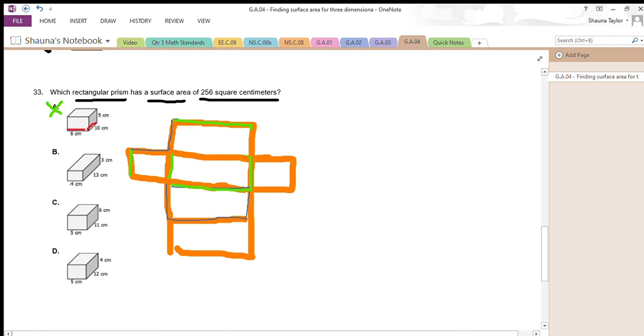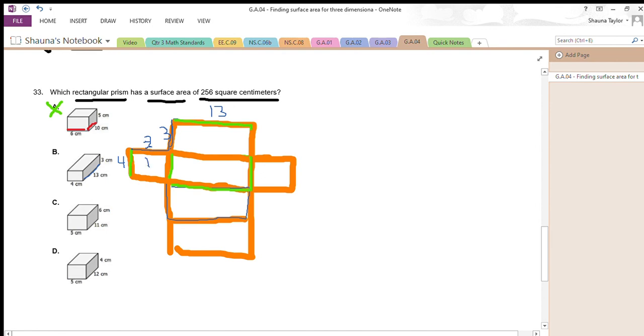Okay, let's see. It has a 4, a 13, and a 3. So the length is 13. So I'm going to draw 13 here. So that's from here to here. Then it has a 3 right here. So that's going to be the 3 right here. And then it has a 4 over here. So my 4 is going to be over here. So if this is 3, this is 3. Okay, I got my numbers.